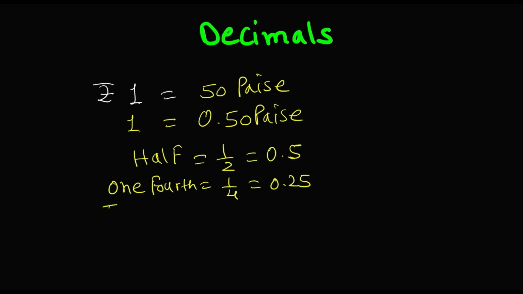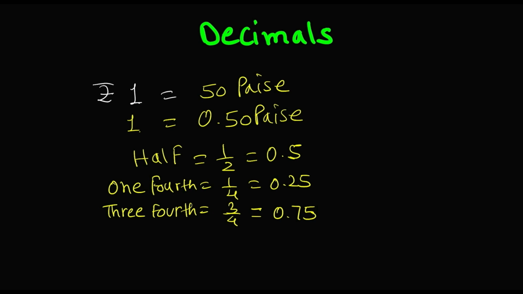Now for 3/4, we can write 3/4 equals 0.75. Okay, decimals help us show a part of a whole in a simple and convenient way.